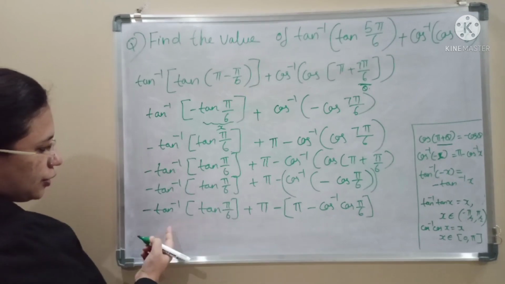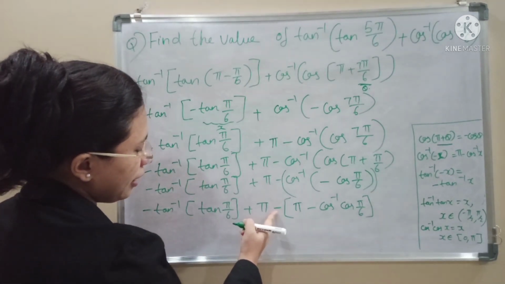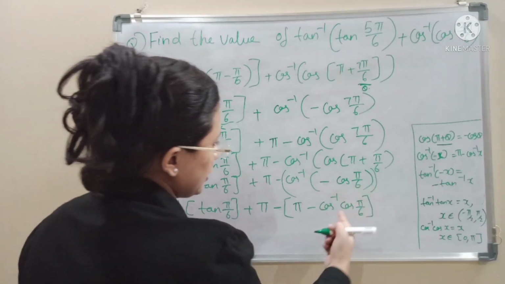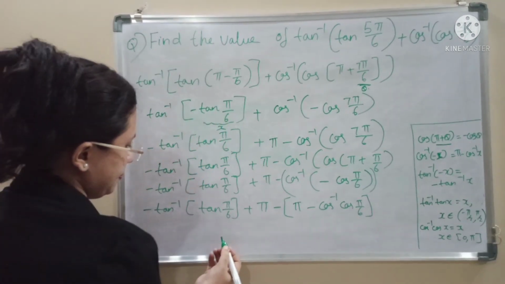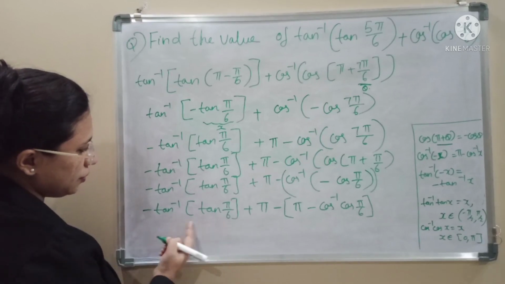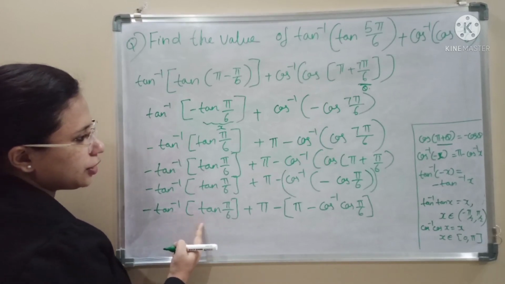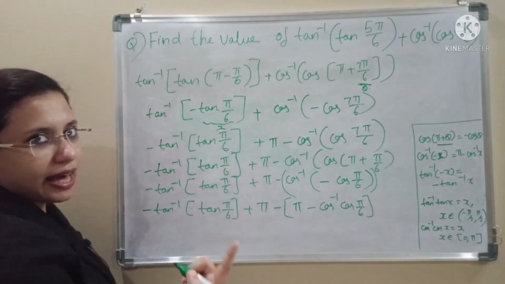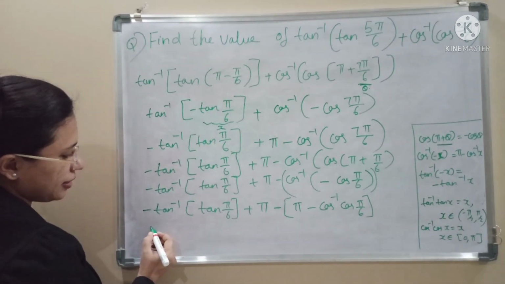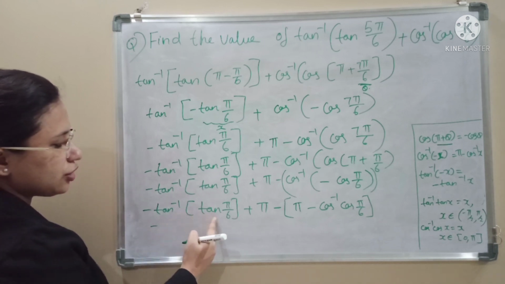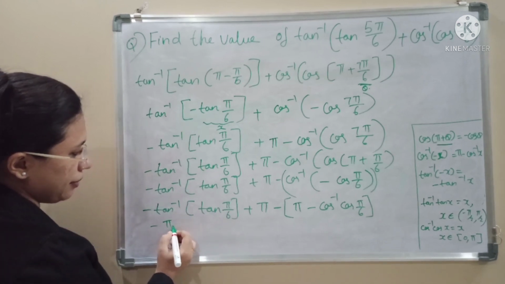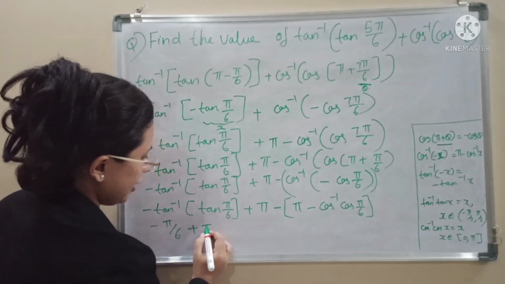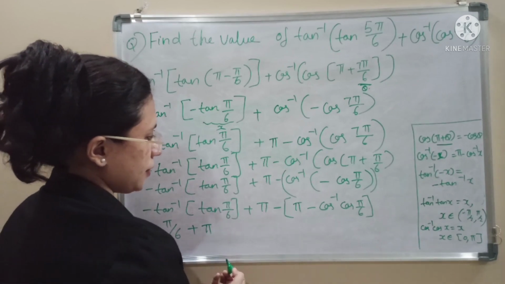Next step, we have to take this negative inside. So when we remove this bracket, what will happen? This will be tan inverse of tan x. Tan inverse of tan x is x. Since there is a minus sign, put the minus: minus π/6, plus we have a π.